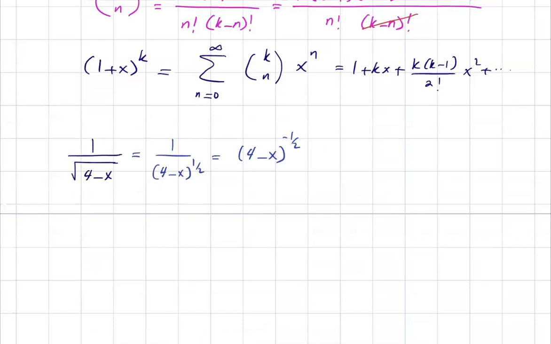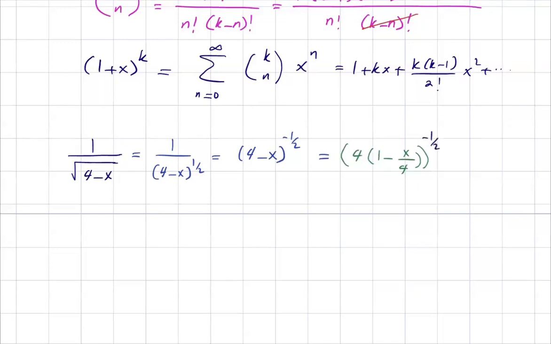I'm going to create it in a way that looks similar to 1 plus a quantity, and simplify this as much as I can. Or I can just write it as 4 plus negative x if it's easier to see it this way. I'm going to write this as 4 times the quantity 1 minus x divided by 4, all raised to the power negative a half.